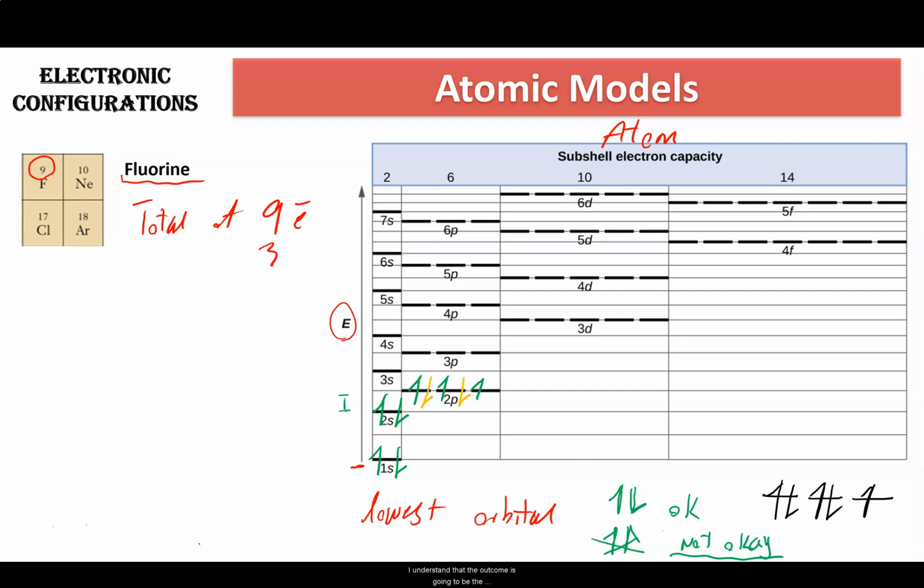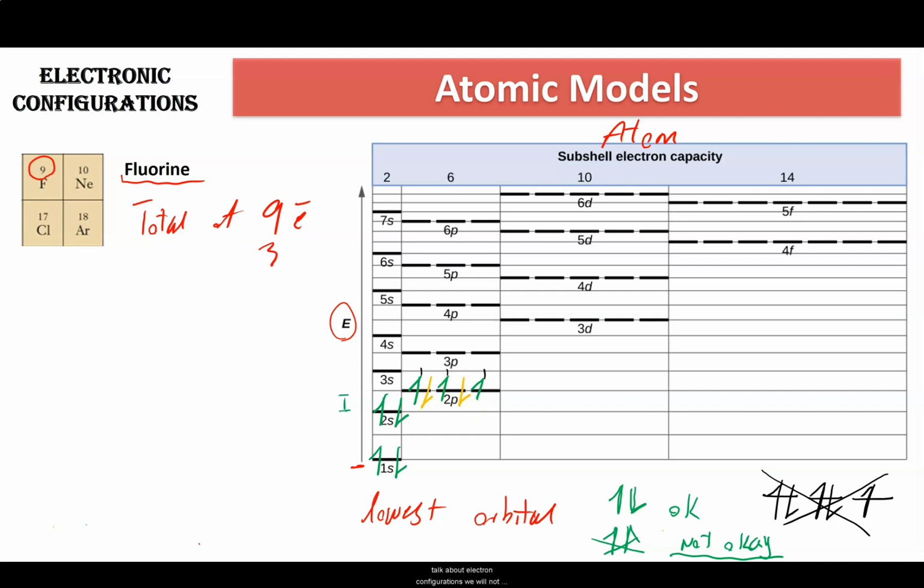I understand that the outcome is going to be the same, but the order in which you write it is very important. You do not want to make a mistake on that one. It becomes a little bit more obvious in the future examples. So this is not okay. They appear to be the same, but the order in which I filled up the orbital is not the same. So go in each orbital first, 1, 2, 3, and then come back to fill up the remaining in those orbitals.